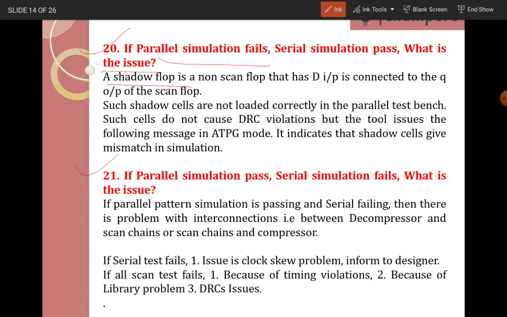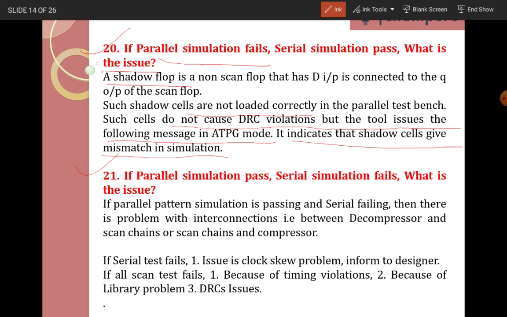Such shadow cells are not loaded correctly in the parallel test bench, so parallel simulation will fail. Such cells do not cause DRC violations, but the tool issues a message in ATPG mode indicating that shadow cells give a mismatch in simulation.